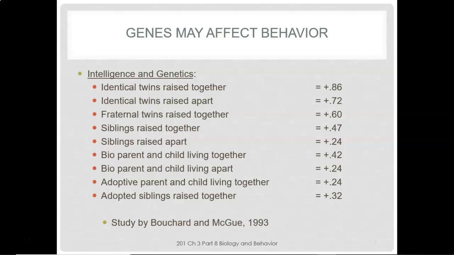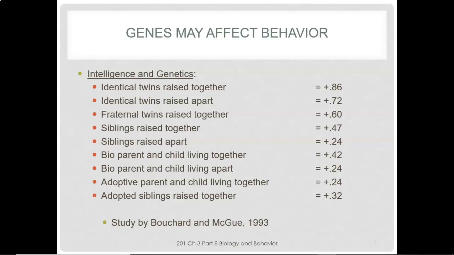Fraternal twins raised together, positive 0.6, quite a moderate correlation. Siblings raised together, positive 0.47. So there's a correlation, but it's not very strong. Siblings raised apart, positive 0.24. That's a very weak correlation.